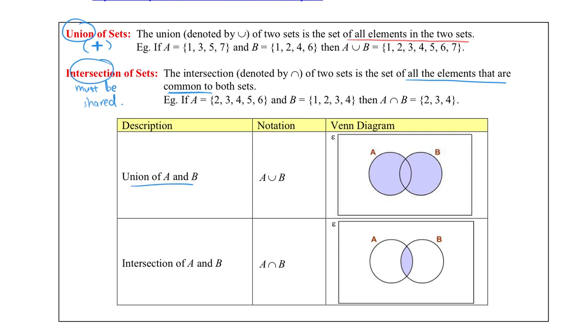So when I talk about the union of A and B, it's written in this way, A union B. It's talking about adding up all the elements of A and B and creating a new set. So this is a set itself.